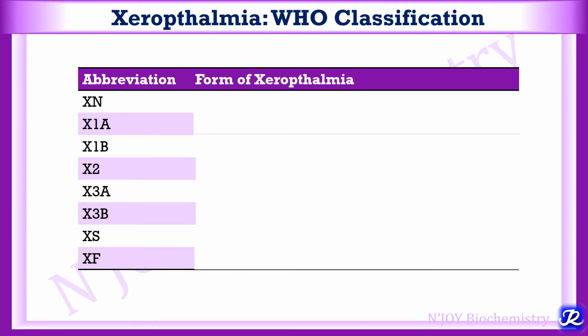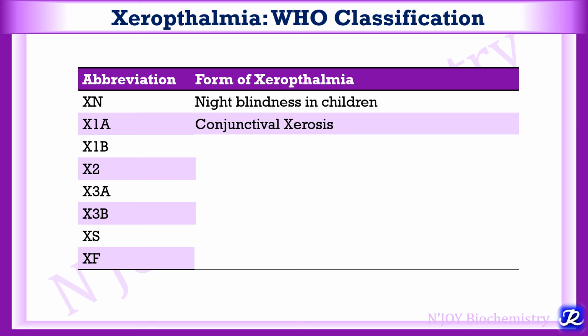Xerophthalmia is the deficiency manifestation of vitamin A deficiency, and the WHO classification of xerophthalmia includes various forms. The first form is XN, and here it is manifested as night blindness in children. Second form is X1A, conjunctival xerosis. Then X1B, which includes Bitot spots.